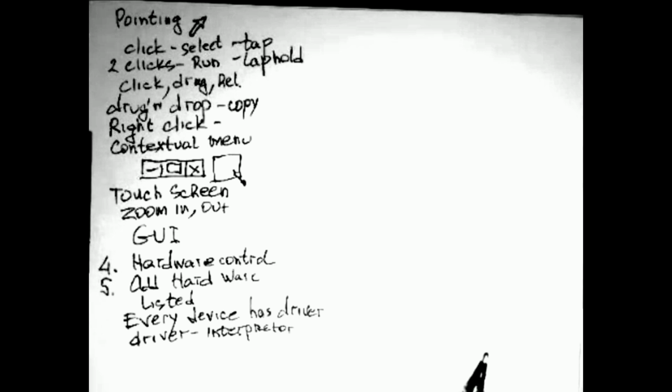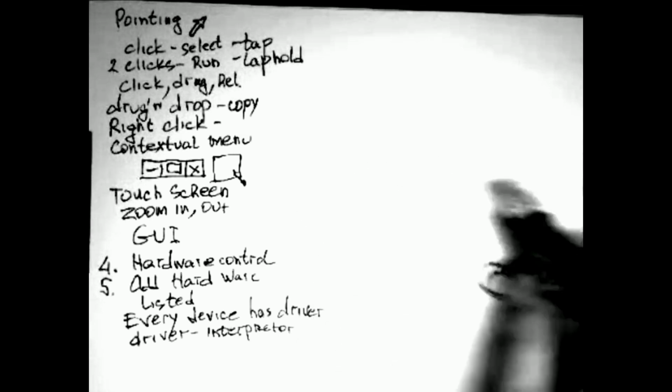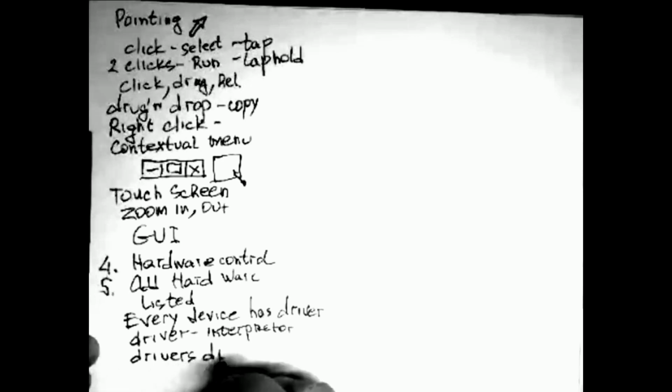But sometimes when you use, let's say, flash drives like this, or a keyboard, or some other devices that are famous for the computer, the computer does not ask you to install a driver. How does this happen, folks? Sometimes the drivers database is actually contained in the operating system.